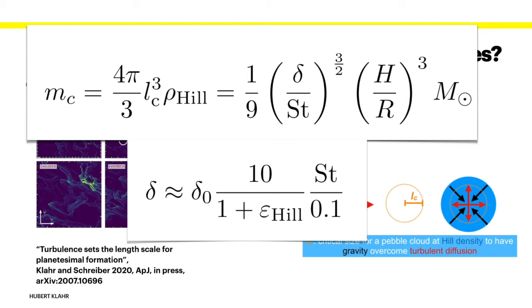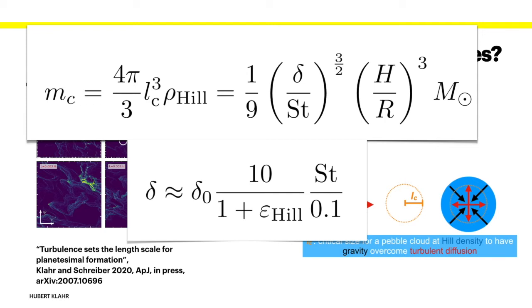But here, if you want a criterion of gravity versus diffusion, then it's a little bit more complicated, because instead of a Hill sphere or a Bonnor-Ebert sphere, which is in equilibrium between gravity and pressure or diffusion, these are actually ellipsoids, out of which the planetesimals will form.